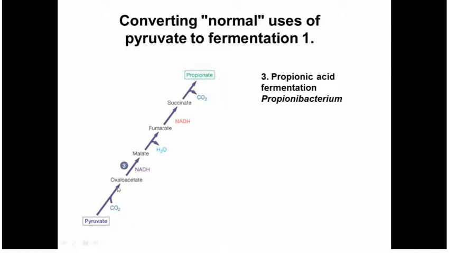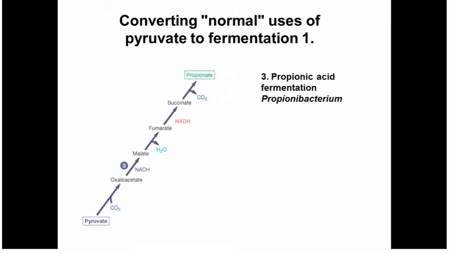That one is a kind of normal reaction, many cells will perform this anyway. And then you have these other 4 carbon molecules all the way up to succinate, and then finally carbon dioxide is removed and gives you propionic acid. And once again, you have to use up NADH, so get rid of excess electrons to produce propionic acid.